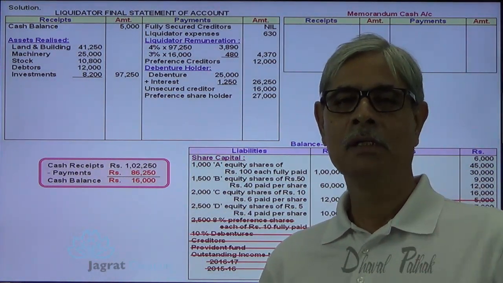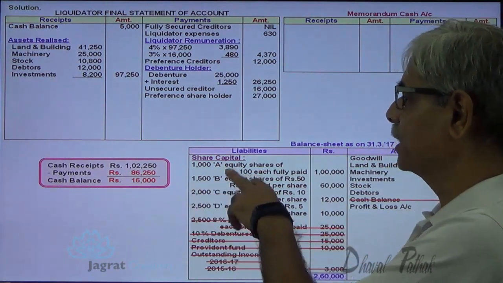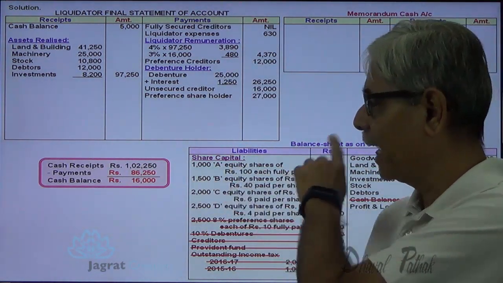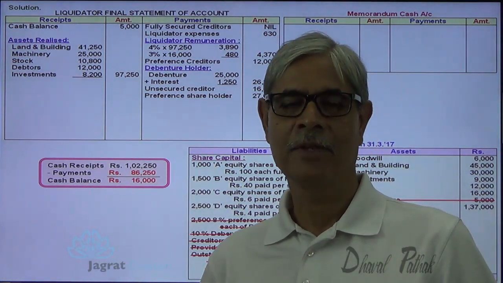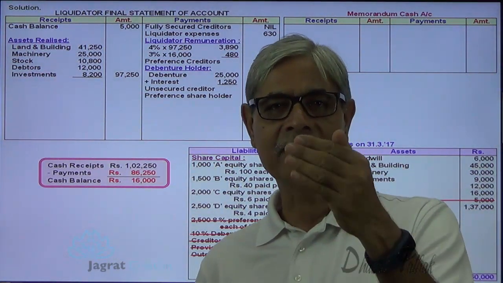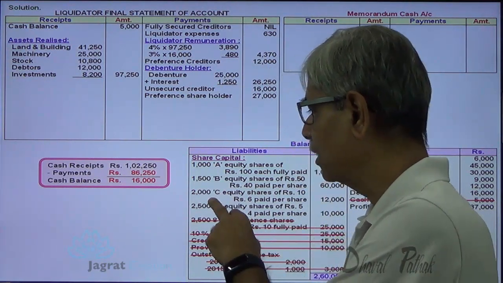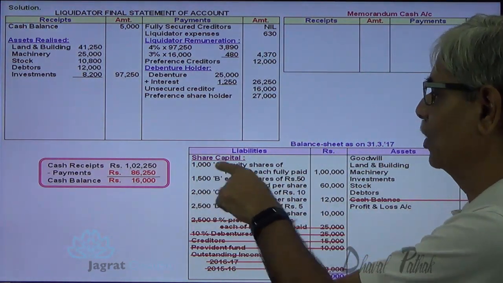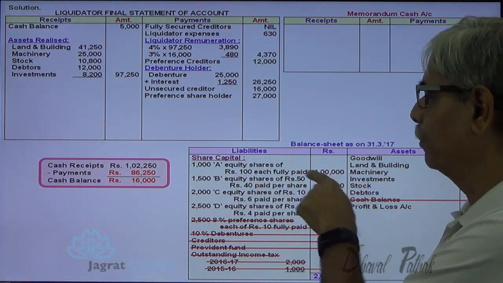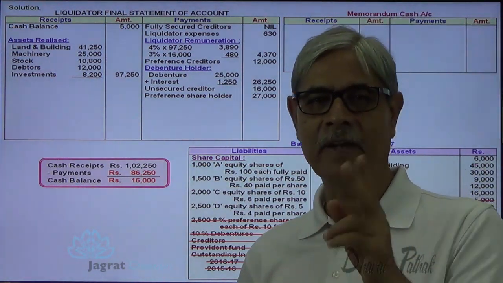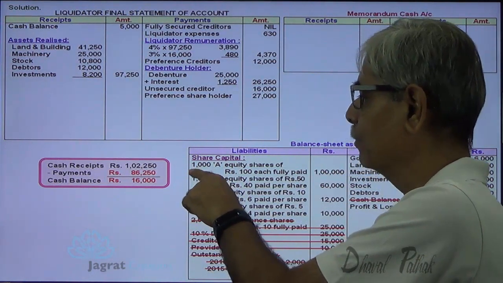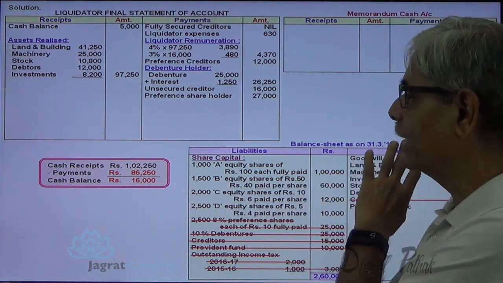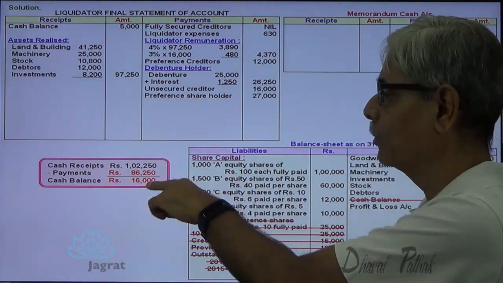Now, out of these funds available, 16,000, I should pay first of all A type of equity shareholders 20% to make them at par with B and D. So 1,000 shares of rupees 100 fully paid up. 20% of 100 is 20 rupees. So on 1,000, I am required to pay at the rate of 20 rupees, 20,000 from the available funds.